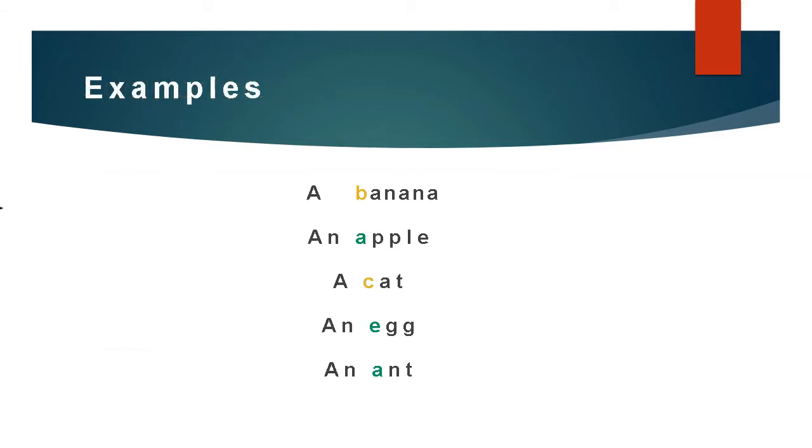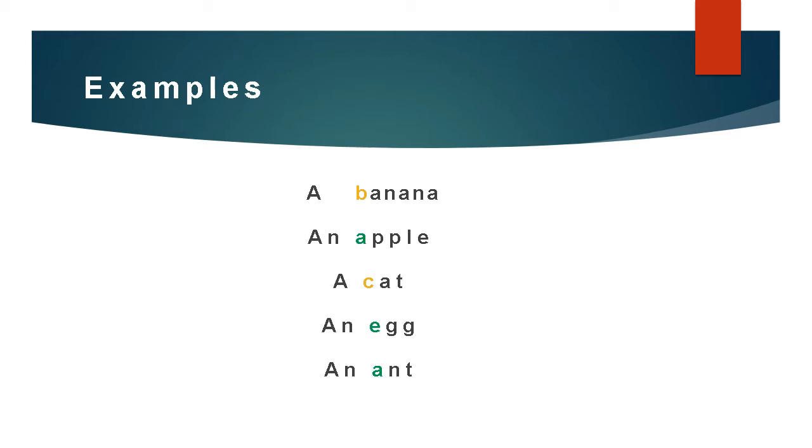Examples: a banana, an apple, a cat, an egg, an ant. The word when it starts with a consonant كيما B, C, F, etc., we put the article a.